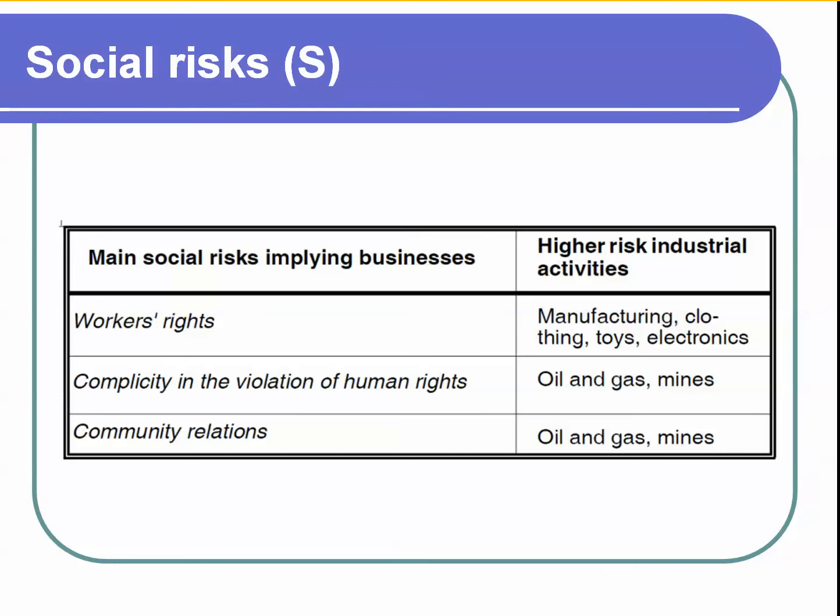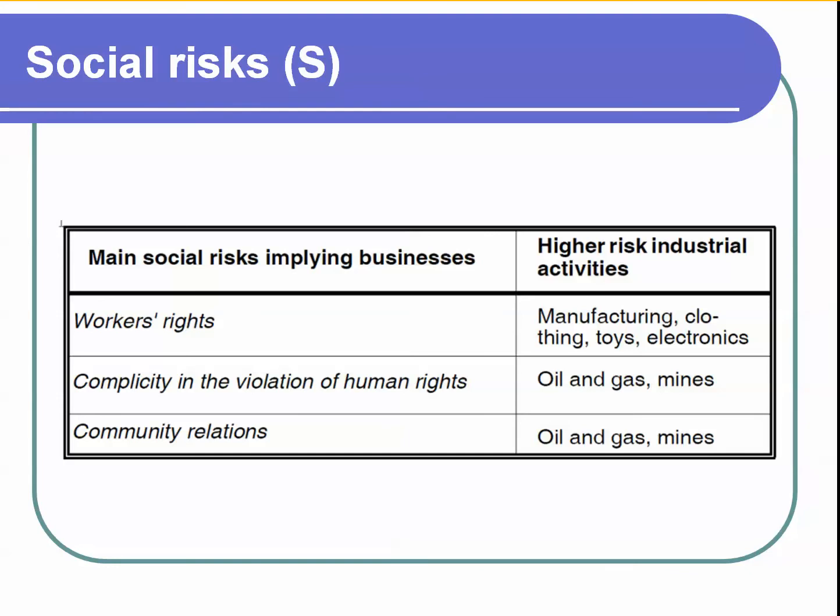And then you have community relations. Many resource companies are located quite far from urban centers, and in these parts of the world, these businesses can be very important. They can represent maybe 50% of the employment in these communities, and they can have major impacts on what's happening in these localities, in these municipalities.